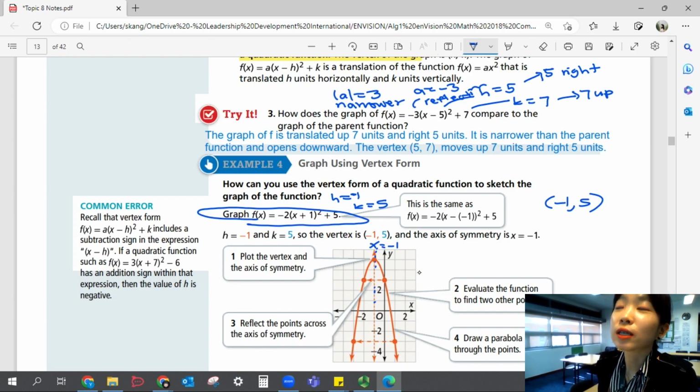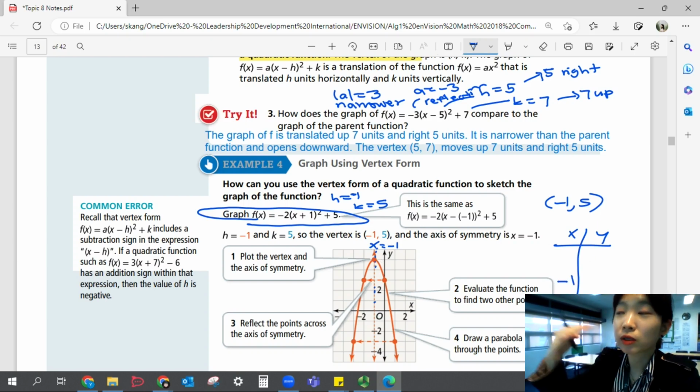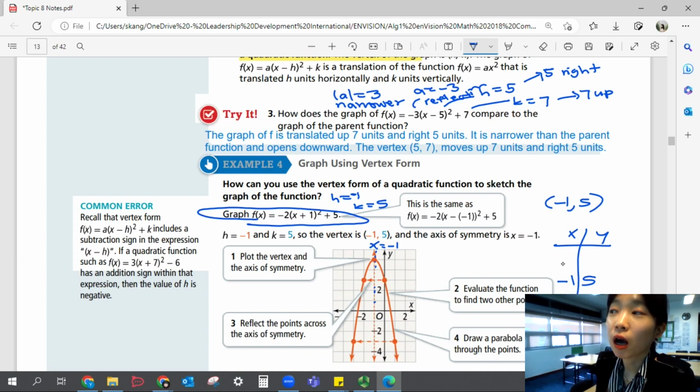And so you're going to create a table. You're still going to create a table. There's no easy way. But you know where to start. So -1 is going to be the point of change, right? So (-1, 5) is one point. So then you're going to start plugging in values less than -1 and greater than -1. 0 and 1. Okay? So then you'll plug it in. -2 plus 1 is -1, squared is 1.